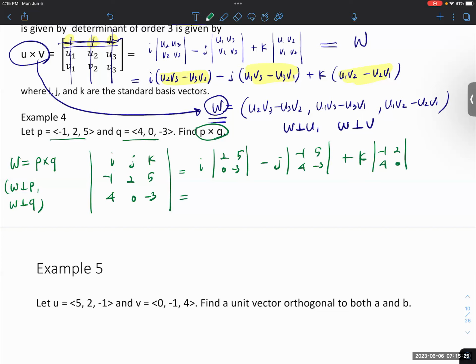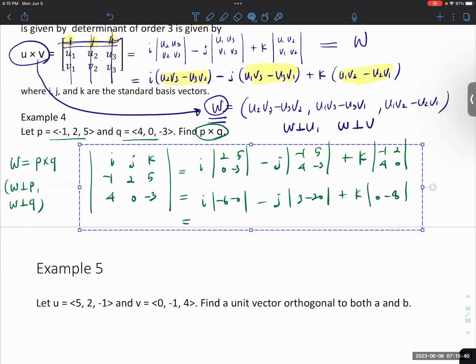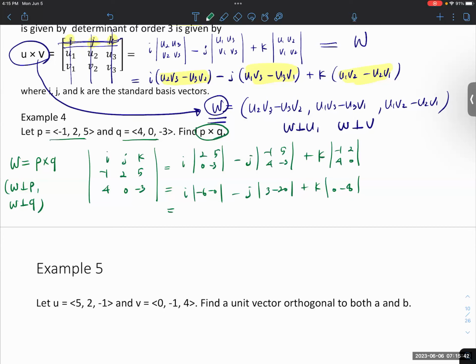Therefore, I will be cross multiplication, J cross multiplication, 0, 8. Let me minimize it. There is going to be -6I, then -17, so positive 17J, -8K.